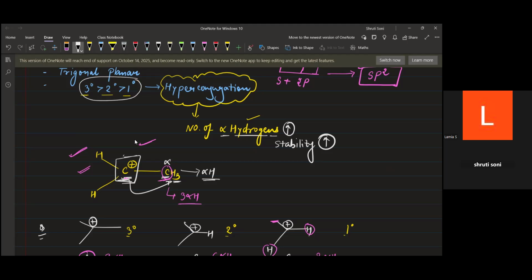You can say there are two methods: the first is degree and the other is hyperconjugative structures. Which is more preferable?